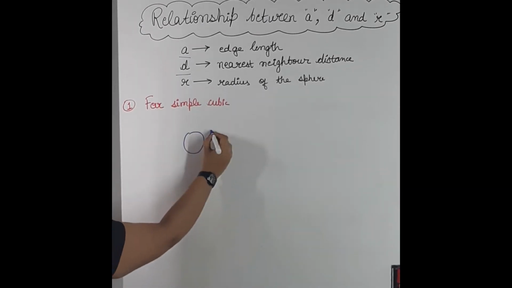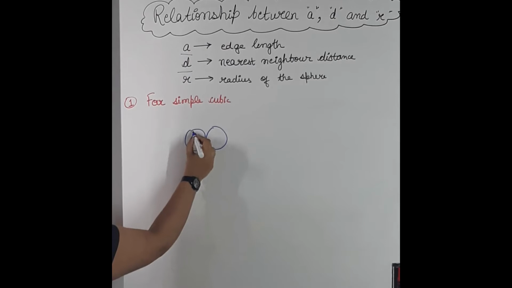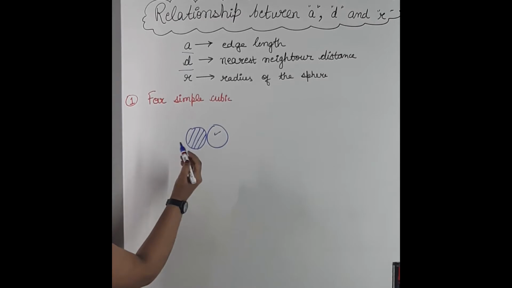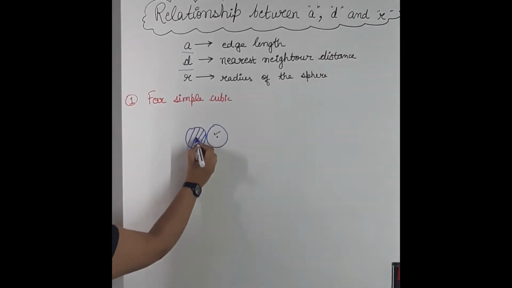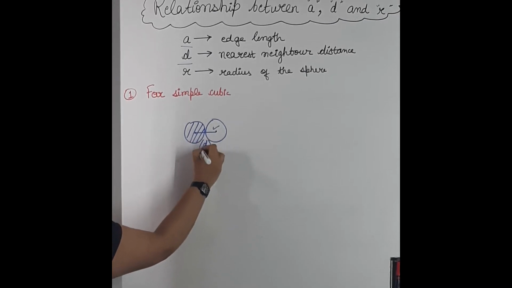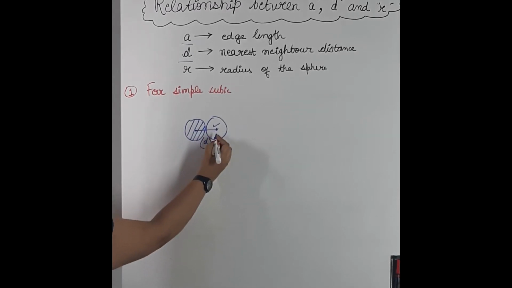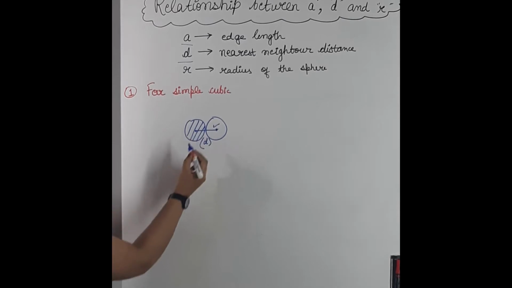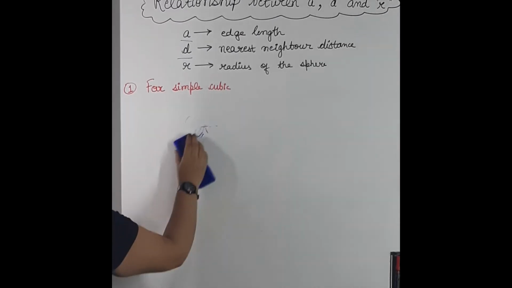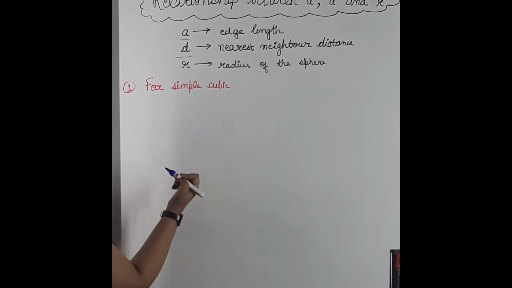Suppose you have two constituent particles, then if we consider this particle, this particle is the neighbor of this particle, so the distance of the neighbor from this particle is known as D. We will consider this distance D from the center of the neighboring particle to the center of the taken particle. Okay guys. And R is the radius of the sphere.